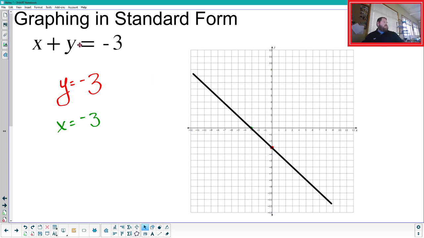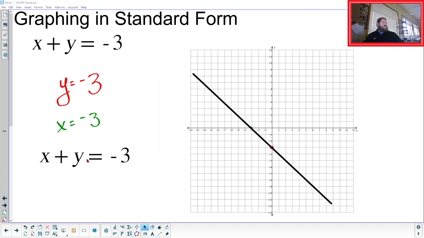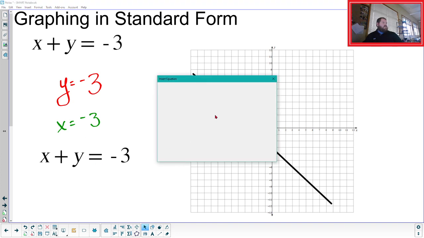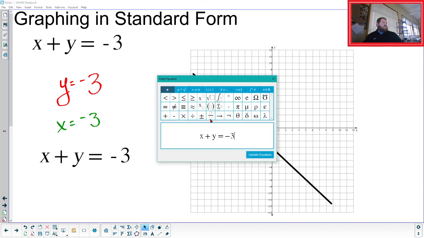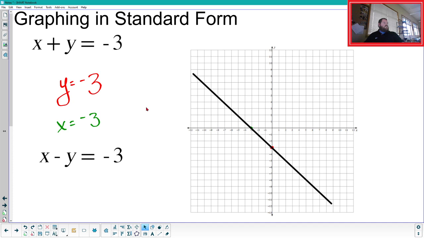Now I do want to look at something a little bit different. Let's say I change this. And this is actually on the next slide, but I want to put it on the same one. So I'm going to change this to a minus sign there. Now what do you think is the difference? Without actually doing it, what do you think that's going to change?